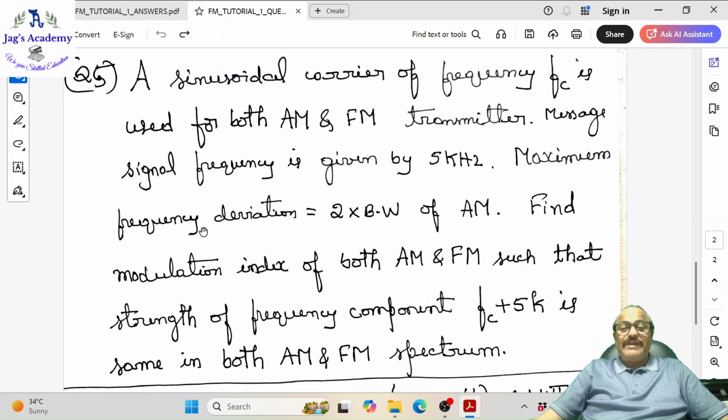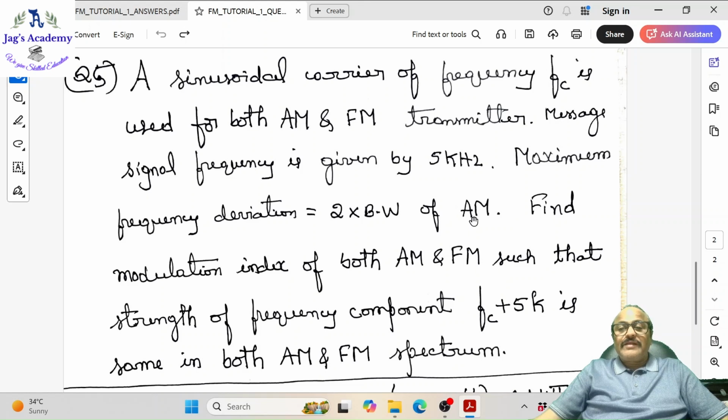The maximum frequency deviation is equal to 2 times the bandwidth of the AM wave. See here, it is not given directly, right? Now it is said the delta F for this FM, which is also called the maximum frequency deviation, is 2 times the bandwidth. Now tell me, what is the bandwidth of the AM wave?